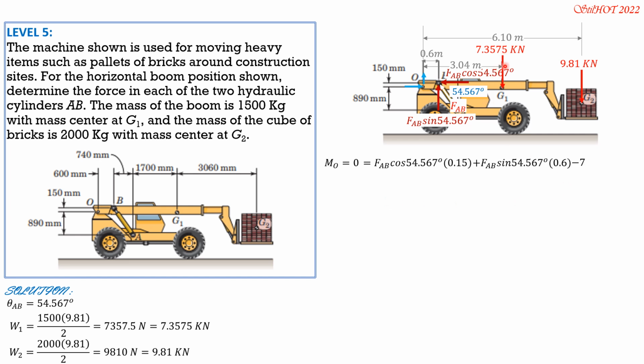Then minus 7.3575 times 3.04. Then minus 9.81 times 6.1. So it is only FAB that is unknown here. So we can now solve FAB. So FAB is equal to 142.8 kilonewtons compression. So that's it for this first part.